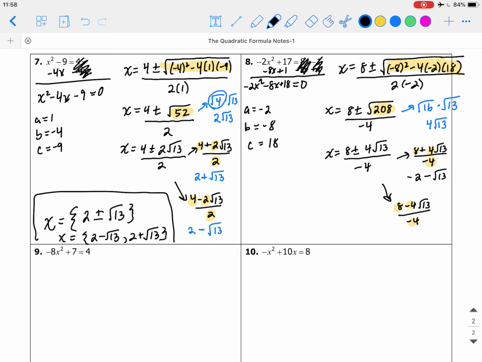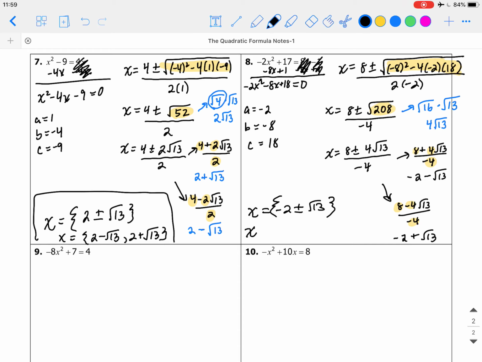Okay, and let's simplify this next one. 8 divided by negative 4 will give me a negative 2. Negative 4 divided by negative 4 will give me a positive 1, and I still have my square root of 13. So here are my two answers. I have x is equal to negative 2 plus or minus square root of 13, or you can write it as, oh wow, that is an ugly x.